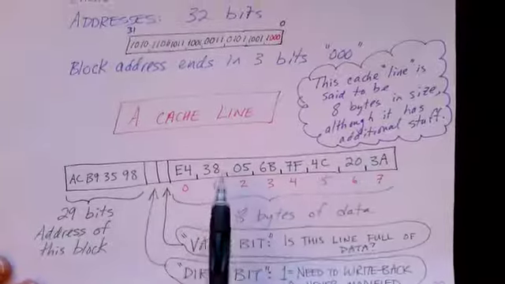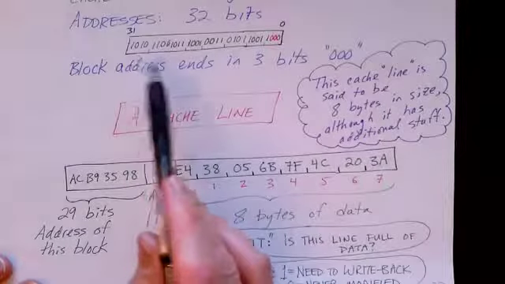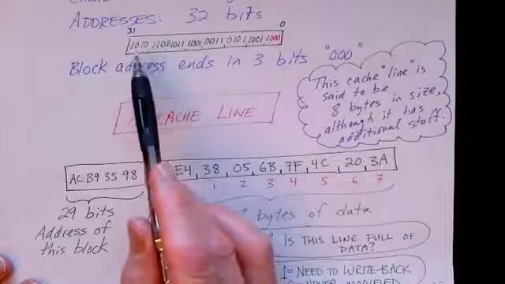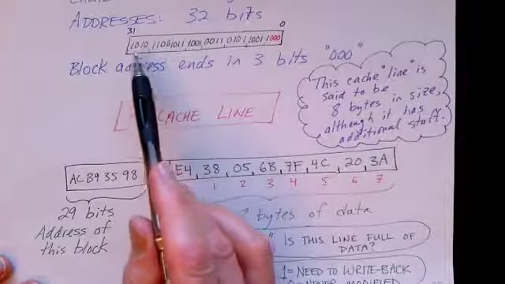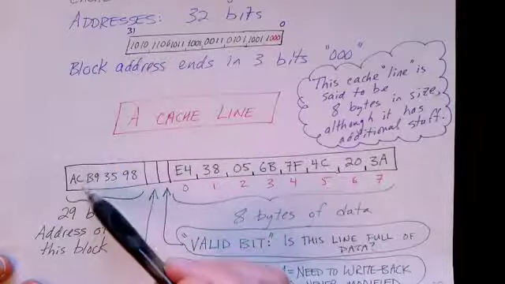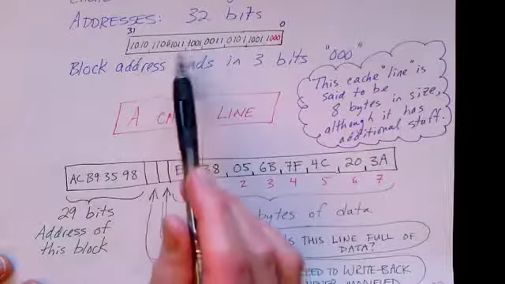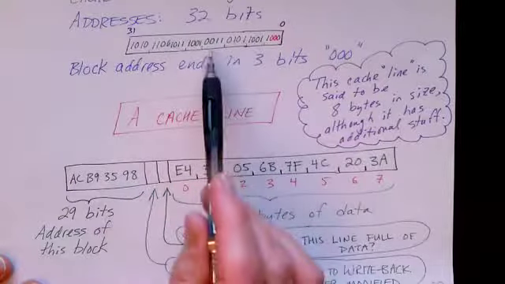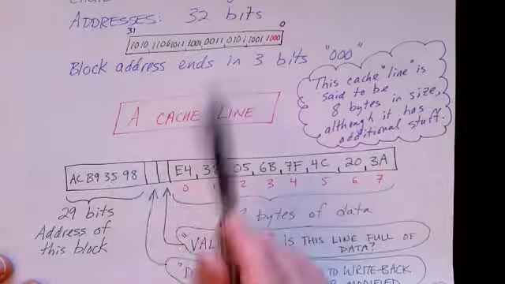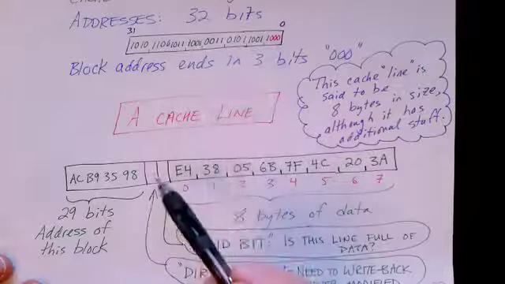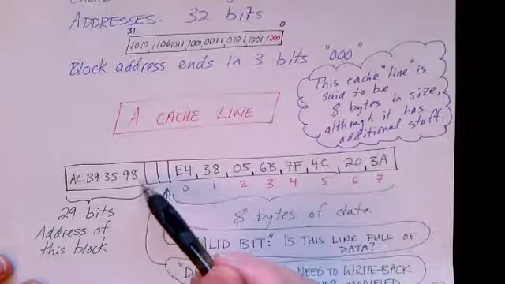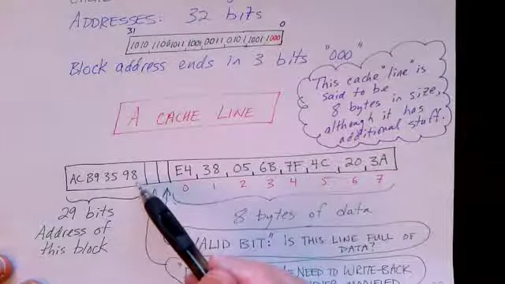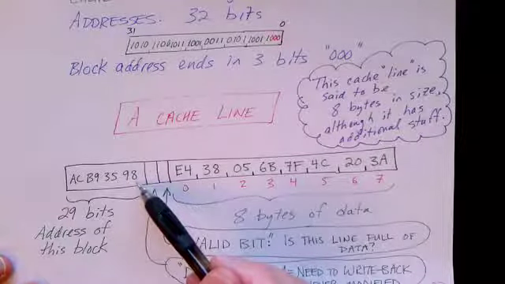And where do they come from? Well, that's the address of the block itself. So in this case, looking at this bit pattern in hex, we have AC B9 B9 35 35 98. And so you can see that the last 3 bits are 0 because the last hex digit is 8.